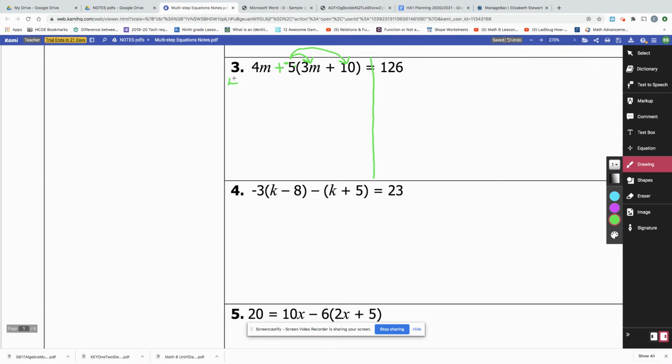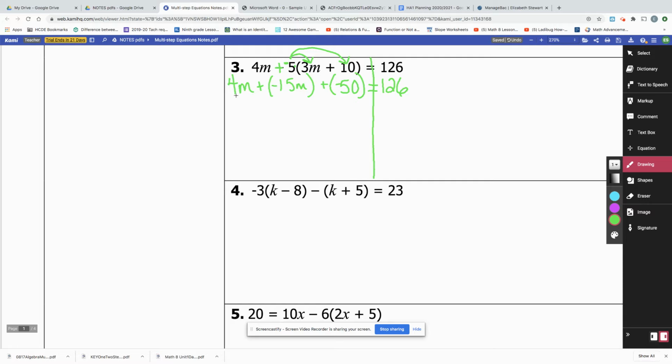So let's go. 4 times m plus negative 5 times 3m. I'm putting negative 15 in parentheses, plus negative 5 times 10 is negative 50. On the other side of my equal sign, I still have that 126. Okay, I've distributed. Now I want to combine like terms.